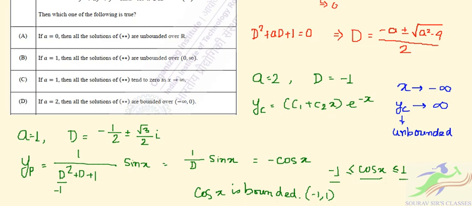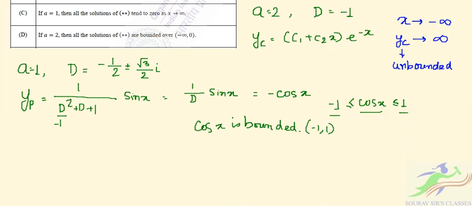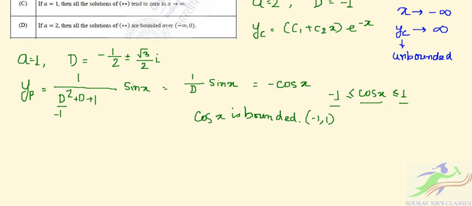So it's option A, if a equal to 0. Let us check with this. If a is equal to 0, then we can write the equation as (D squared plus 1) y equal to sin x, right?